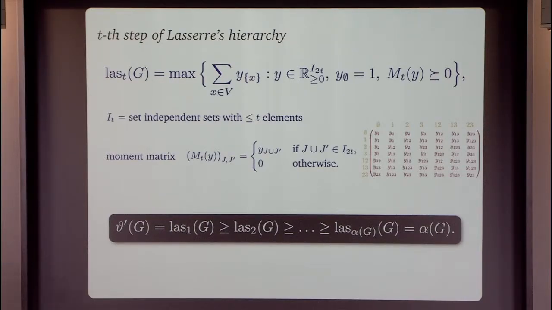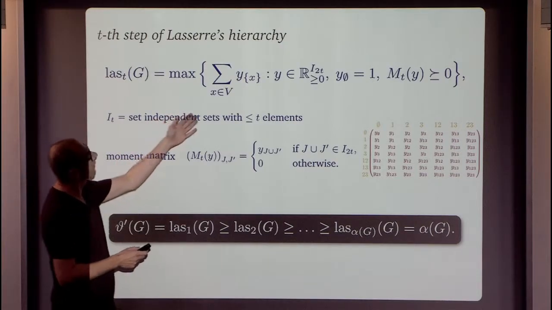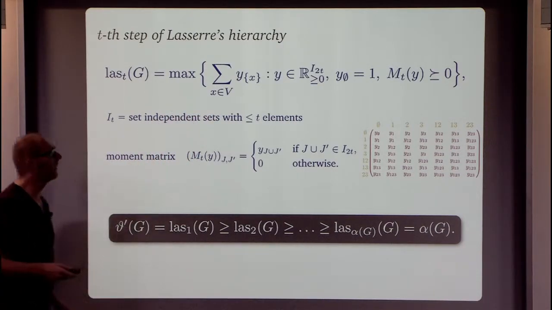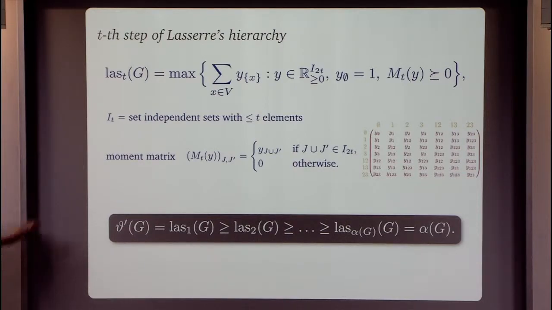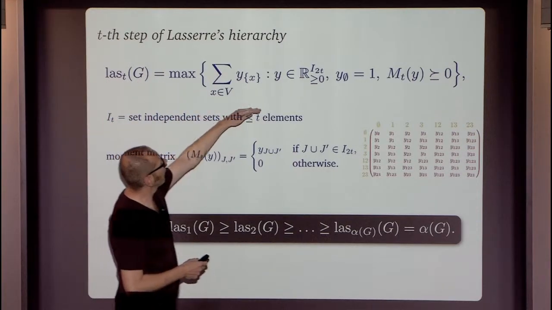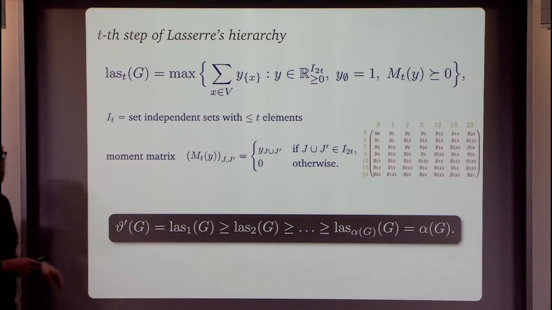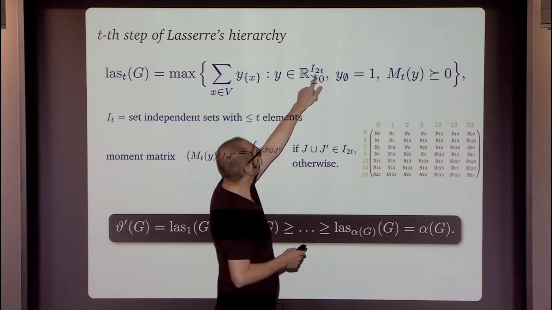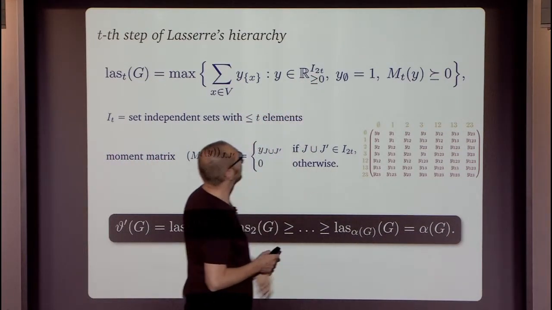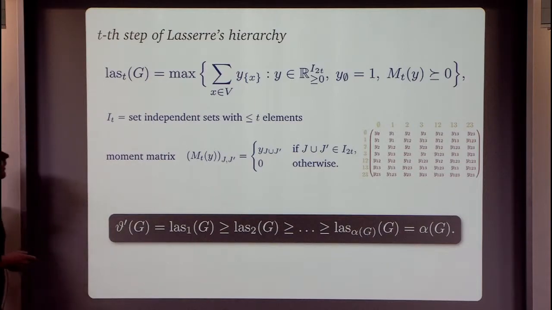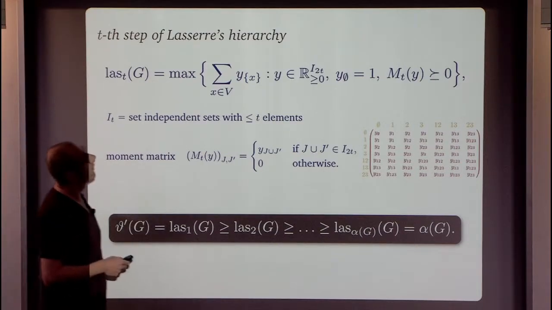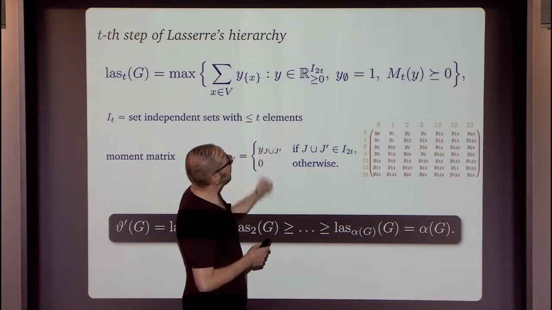Here I write it in the primal way, using pseudo-moments. So here you should look at this optimization problem. The variable of the optimization problem is y. y is a moment vector, or a pseudo-moment vector. y is indexed by independent sets of size at most 2t. y should be non-negative.